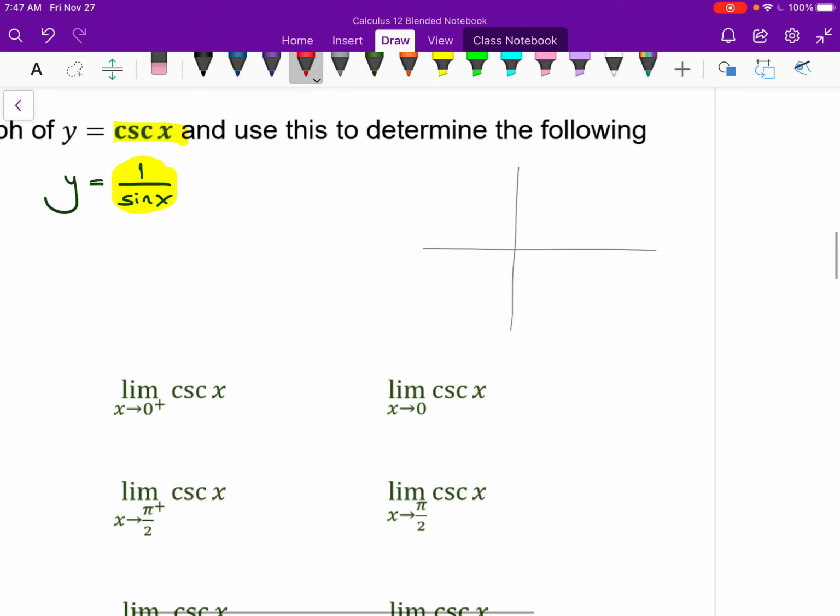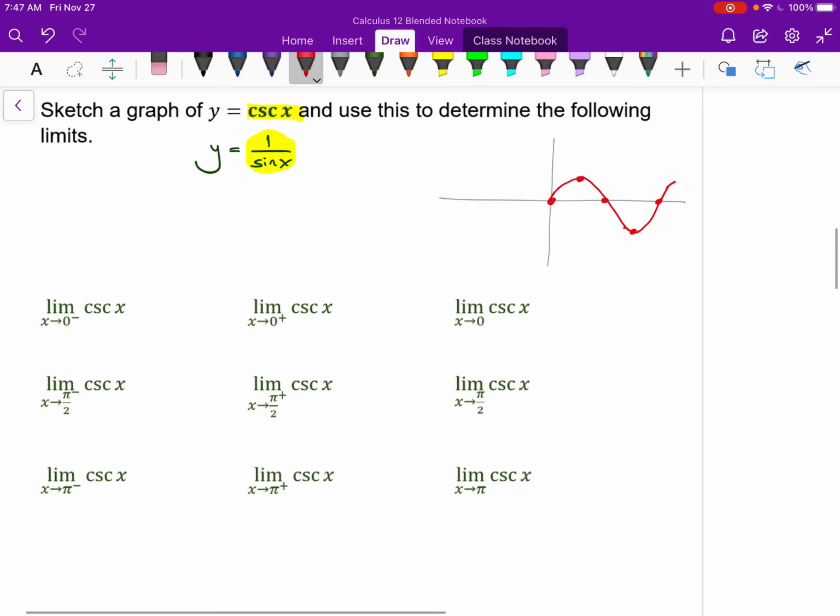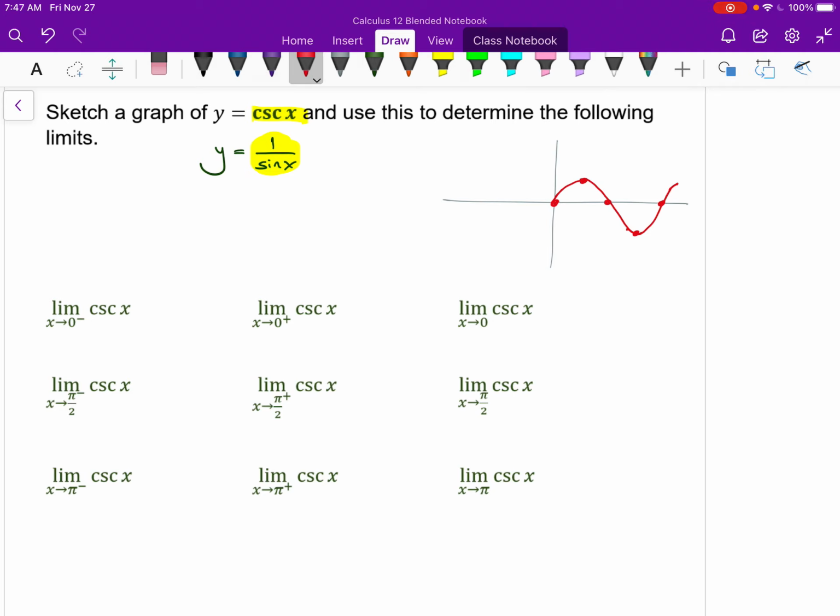And sine I'll draw in red. Draw some key points on sine. And that's it. If I look at my values for my limits, so I know how far to draw a sine, I'm only going from 0 up to pi.